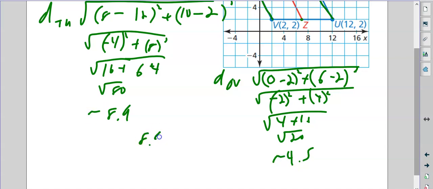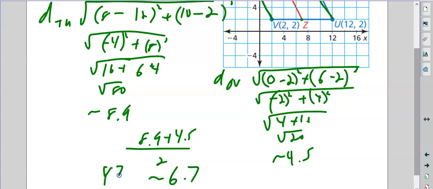So we're going to do 8.9 plus 4.5 divided by 2. And that ends up being approximately 6.7. So YZ is approximately 6.7.